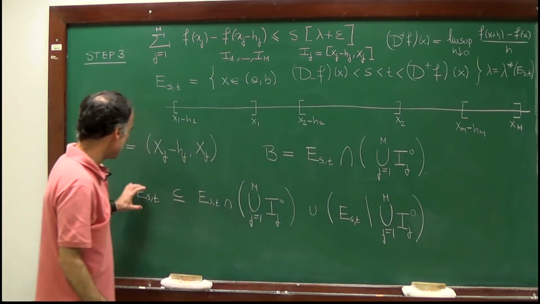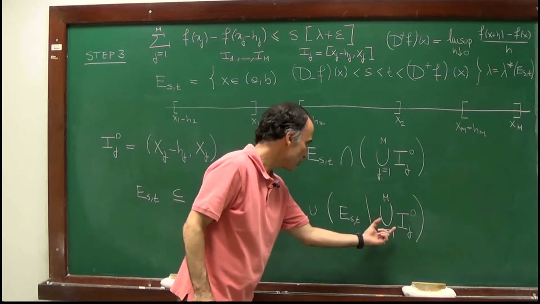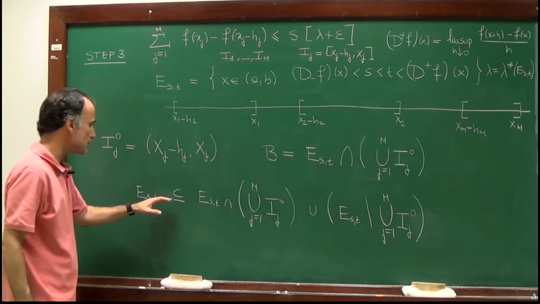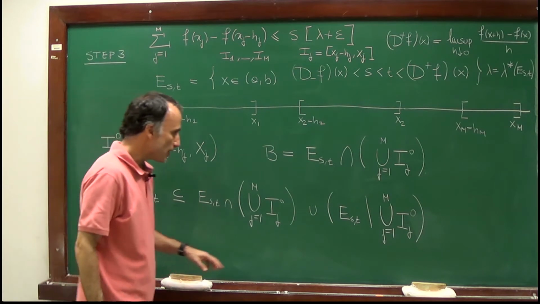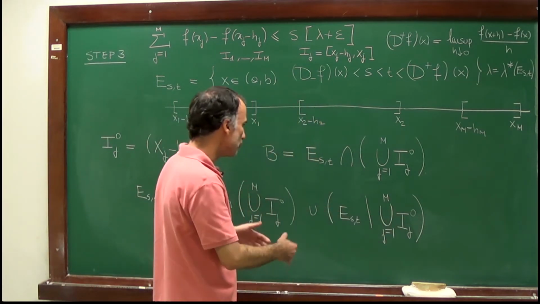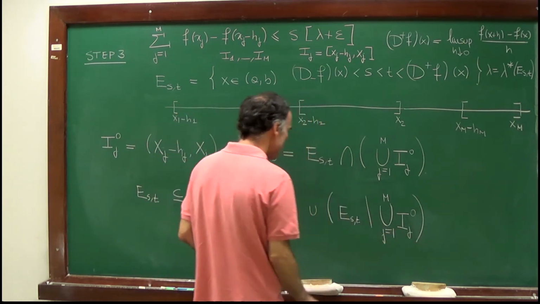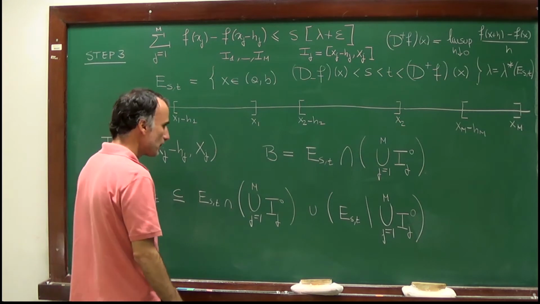I'm just writing down E_s^t as the points which are in this set and the points which are not in this set. So this is an identity. But if now, instead of removing only the interior points, I remove everything, this set gets smaller.